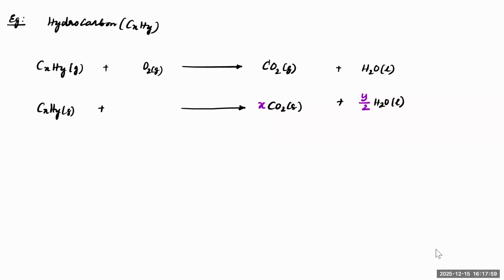And on the left hand side, because you have to balance oxygen, this is 2x plus y by 2. So I will write this as (x + y/4) times of O2 gas, correct? Now you can see the oxygen is also balanced, isn't it?